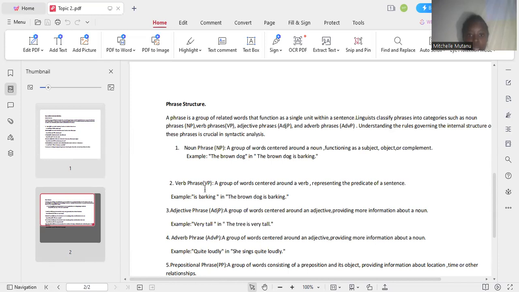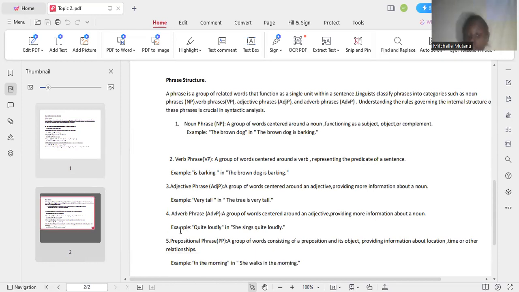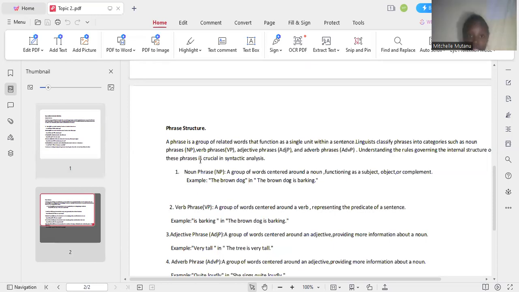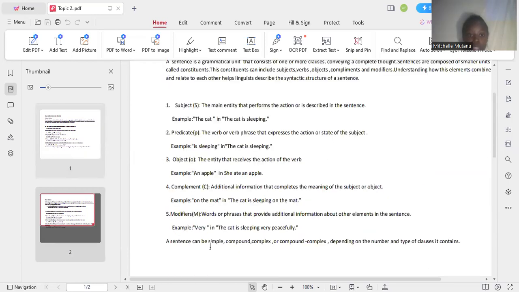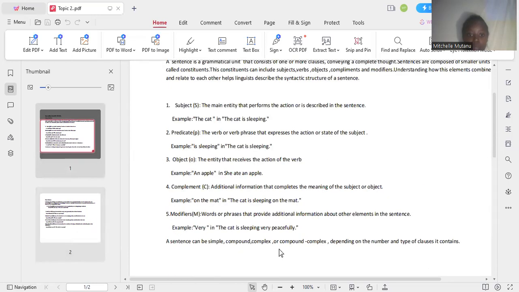For example, noun phrase, verb phrase, adjective phrase, adverb phrase, and prepositional phrase. We have said that a sentence structure can be simple, compound, or complex, depending on the types of clauses it contains.